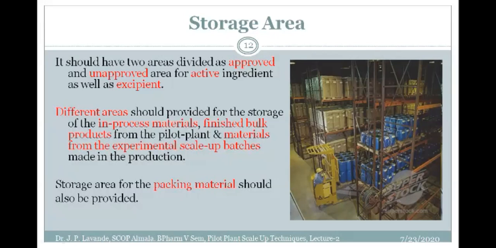So the experimental scale batches should be subjected to evaluations, quality controls, and upon getting the result as per the requirement, further they should be released. And the storage area for the packing material should also be provided. The prepared product should be placed into the packaging material area, and the packaging material should be used to pack the finished product.